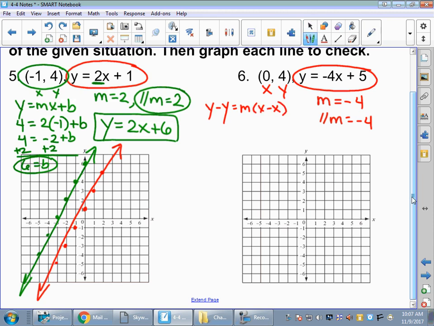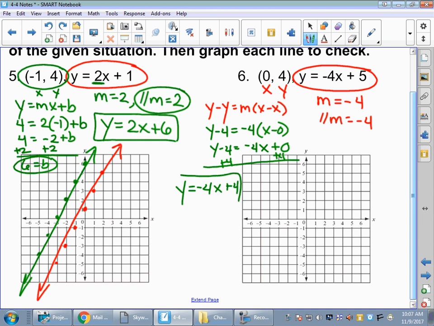I'm going to plug in the y value, which is 4, so y minus 4. The slope is negative 4, and then x minus 0. When I distribute, y minus 4 is equal to negative 4x plus 0. And all I have to do now is add 4 to both sides to get it moved over. So my equation is y equals negative 4x plus 4.